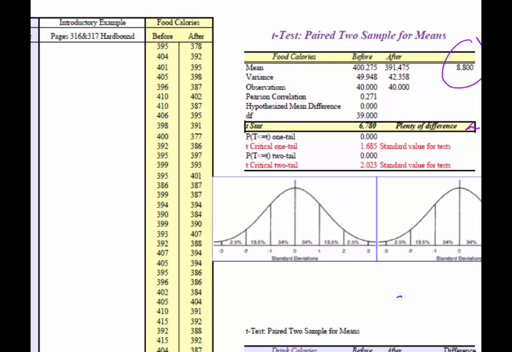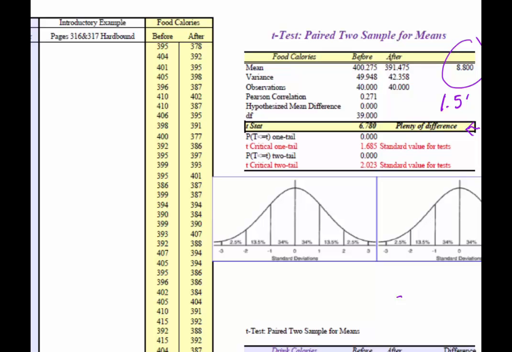The standard error between the two, one way you could do it is to just take the pooled error, and if you were to take the pooled error, you end up with about 1.51, and I'll get into how to calculate the pooled error in a few minutes, but for now I just want to tell you it's about 1.51.